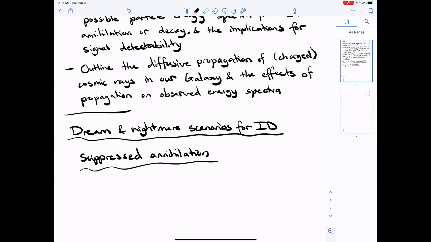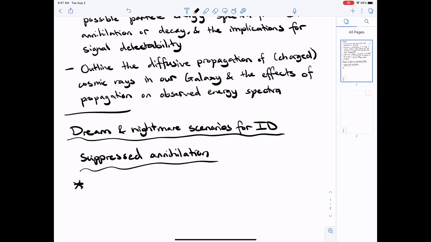Well, the answer, of course, is that just because the dark matter was a thermal relic in the early universe, that doesn't necessarily mean that its annihilation is still unsuppressed today. So there are various mechanisms that can decouple the annihilation rate in the early universe, which is relevant for production, and the annihilation rate in the late universe, which is relevant for indirect detection. So let's just go through some of those possibilities.